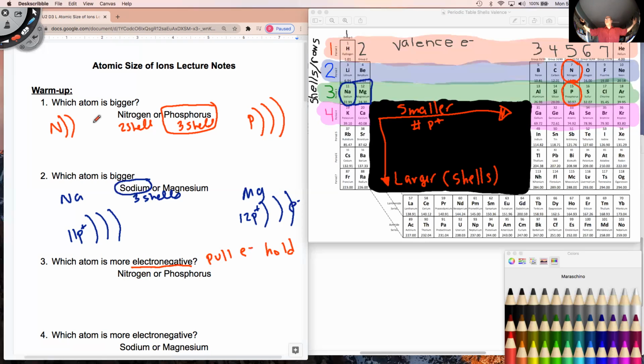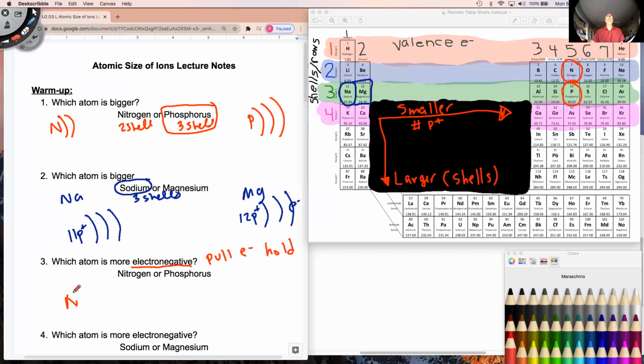So the further away the electrons are, the harder it is to hold them in. So something that's more electronegative, that can hold onto electrons better, are the smaller atoms. So the smaller the atom, the more electronegative the atom is.